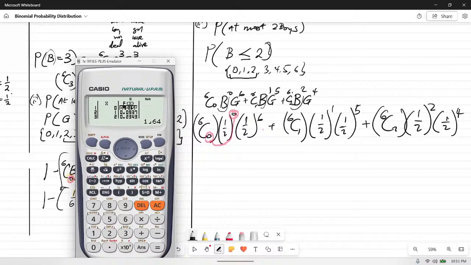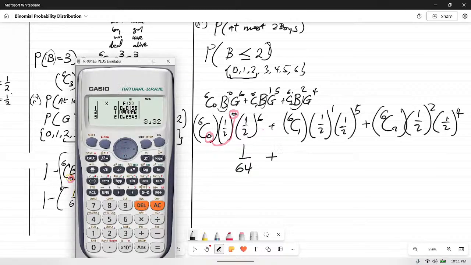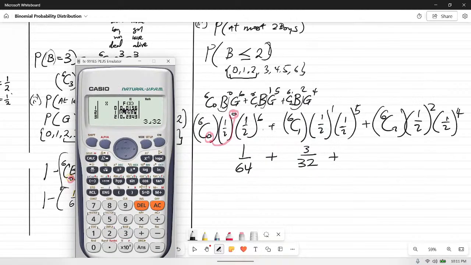So we put it, you get a fraction. This is 1 over 64, plus the second one gives you 3 over 32, plus the final one gives you 15 over 64.